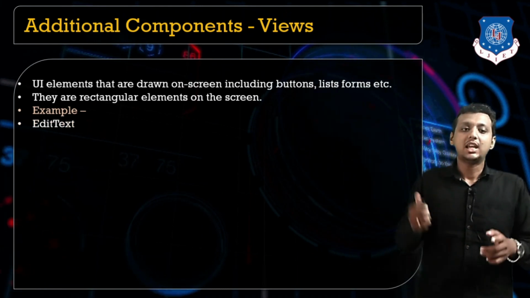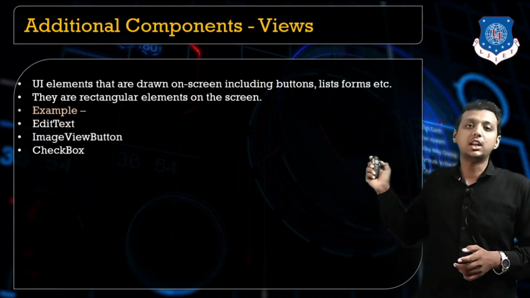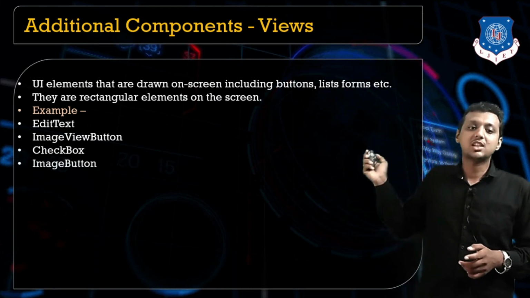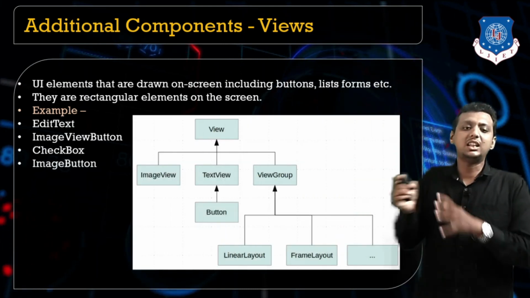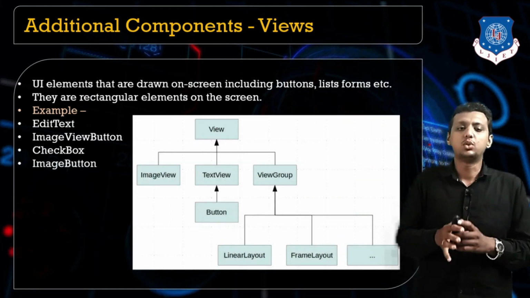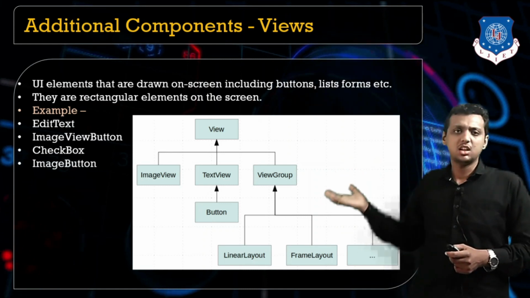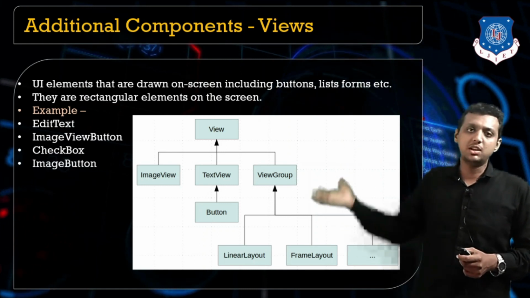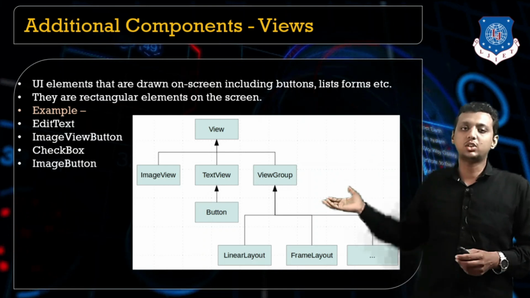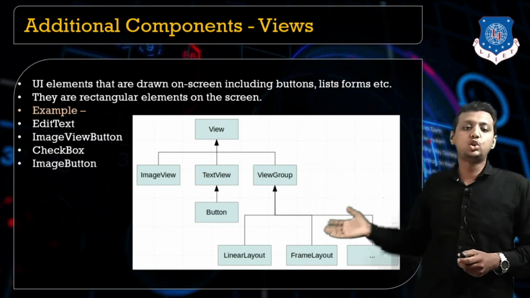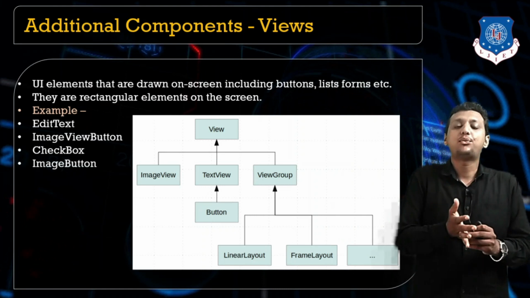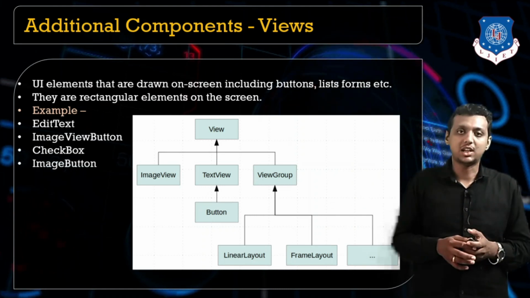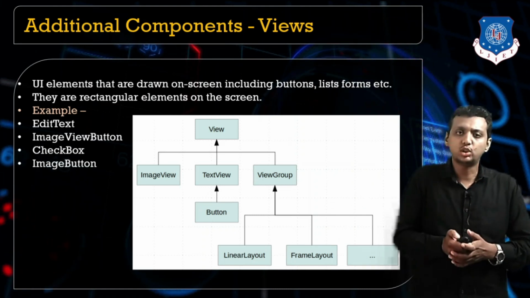Examples are edit text, image view, button, check boxes, image button, and anything else. All these things are considered a view. See, here is the basic hierarchy of the view: text view, image view, and view group also. Inside the view group, students, you have the linear layouts, the frame layouts, and more layouts. So this is all about the views.